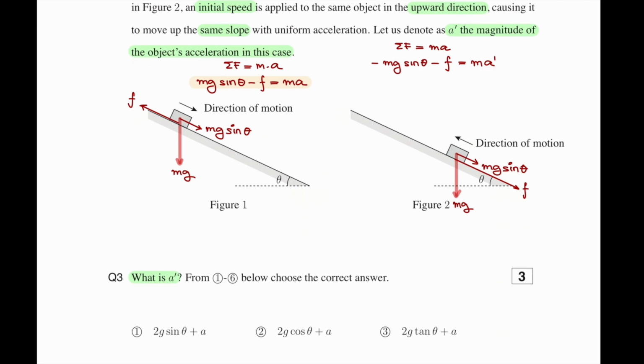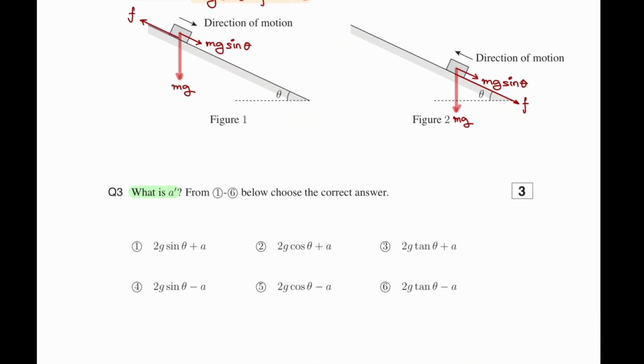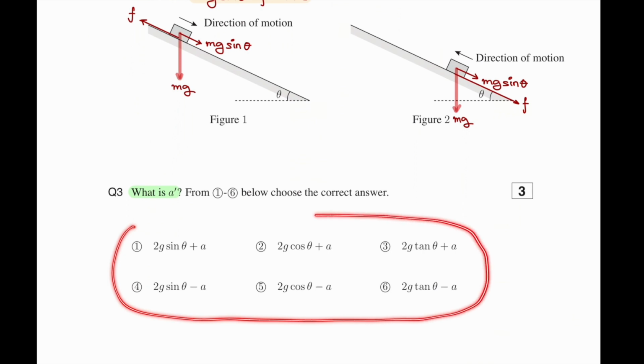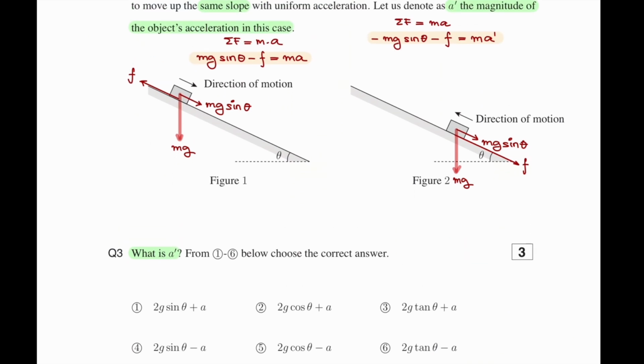And then by combining these two equations, of course I want to eliminate the frictional force, because our answer is independent of frictional force. By eliminating the frictional force, I will get a prime. How to eliminate the frictional force?